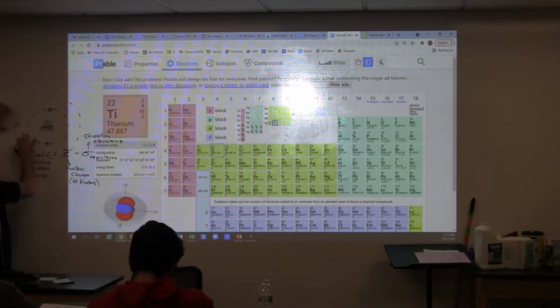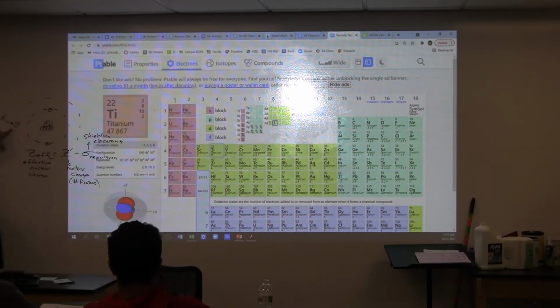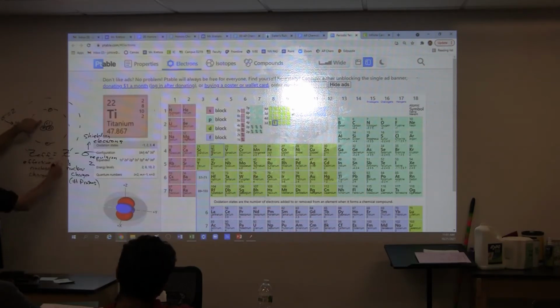In other words, for lithium, if I want to ask, well, what's the shielding effect on this outermost electron? Well, it's being repelled by 2 of the electrons. So the shielding effect is 2. But the nuclear charge is 3. So what's the effective nuclear charge on this outermost electron? 1. 3 minus 2.